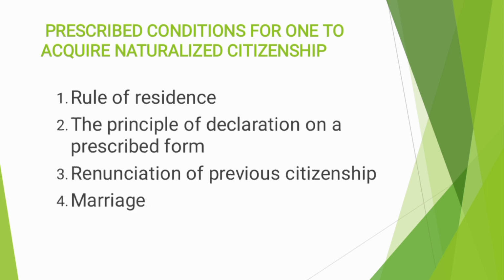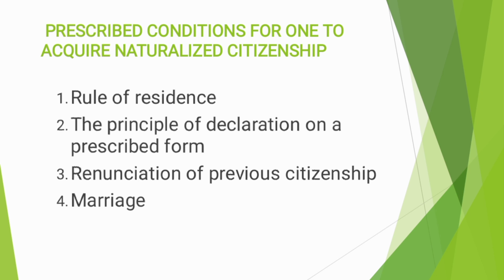Marriage. A spouse can obtain citizenship of another spouse. Your husband is an American. You can obtain citizenship through marriage because you need to unite. You need to be together. So you can obtain citizenship through marriage.